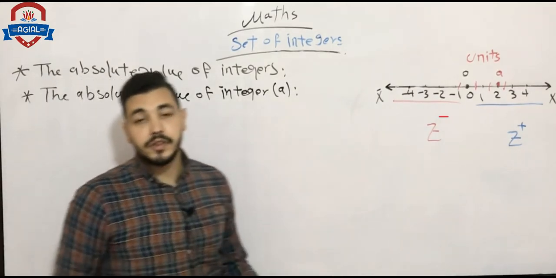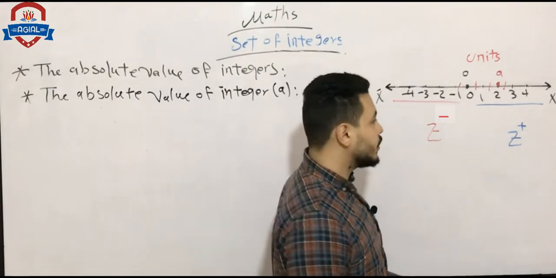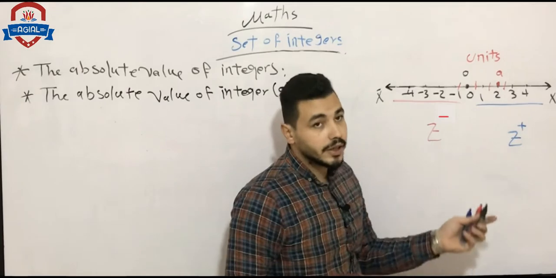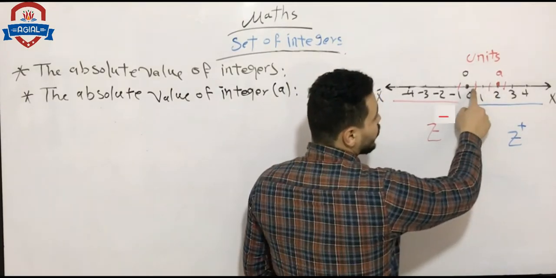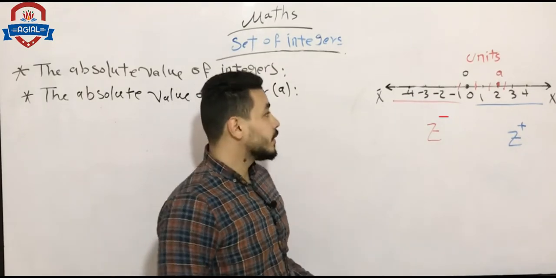The absolute value of integer A is the distance between the location of A and the location of 0. So the absolute value of integer A equals 2 units.